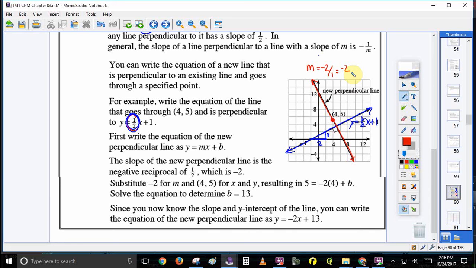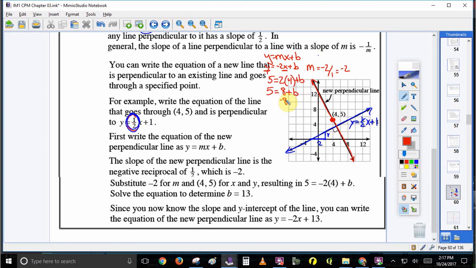And then we're going to take it back to y equals mx plus b. We're going to plug in the slope that we know, -2x plus b, and we're going to solve for b. To do that, we're going to plug in an x and a y that's on that red line, which is 4 and 5. So we plug in a 5 for y, plug in a 4 for x, and that gives us 5 equals -8 plus b.